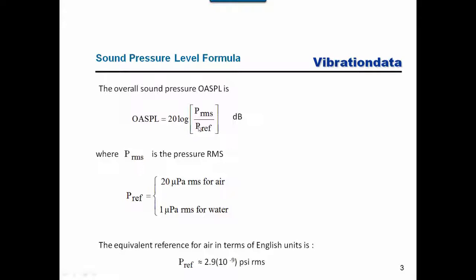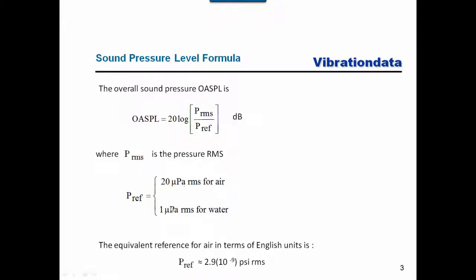Now, there are two different reference values that we're going to discuss here. The most typical one is 20 micropascals RMS, and that would be for air, where the sound is propagating through air.